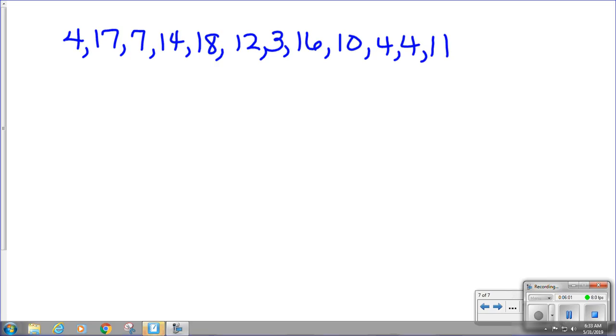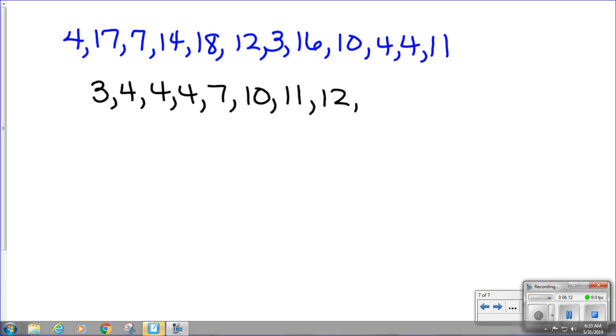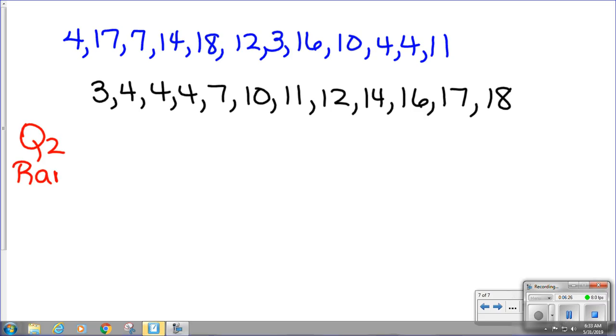So placing these numbers in order from least to greatest, I end up with 3, 4, 4, 4, 7, 10, 11, 12, 14, 16, 17, 18. So the things I'm looking for are my Q2, my range, my Q1, my Q3, and my IQR.